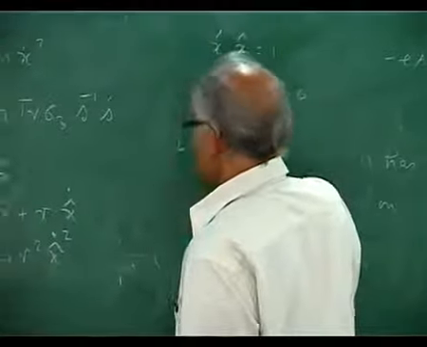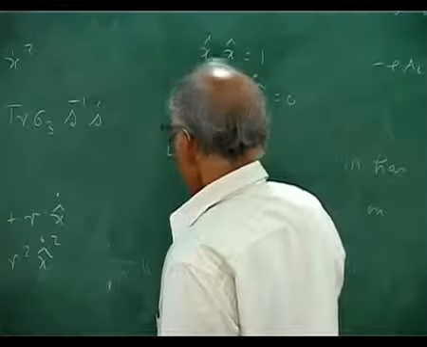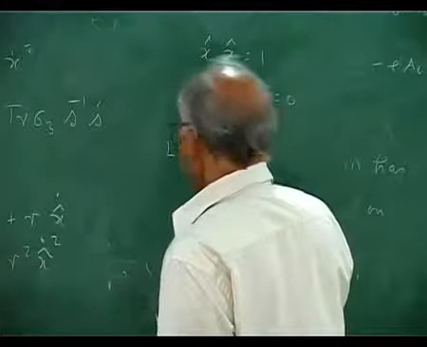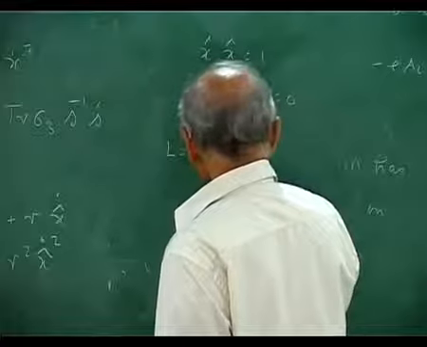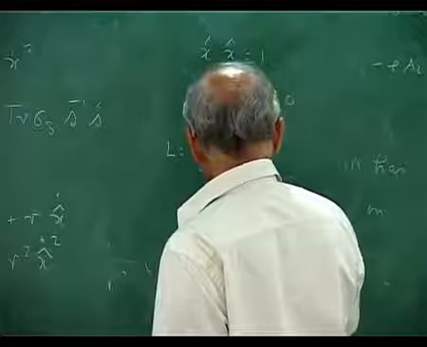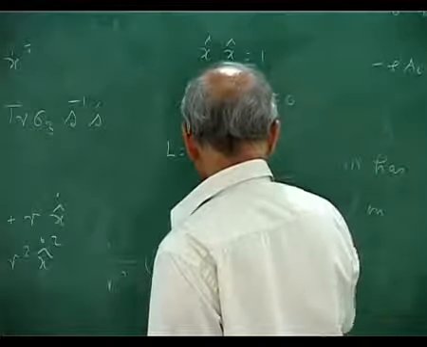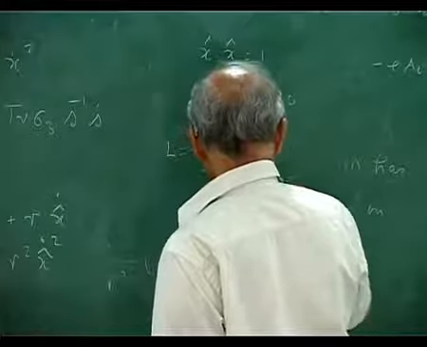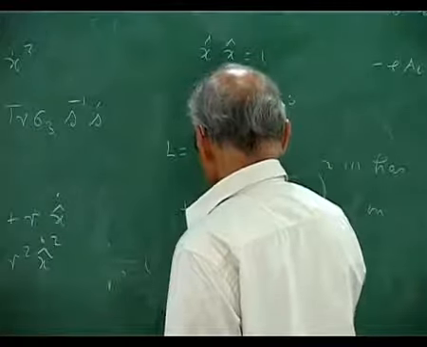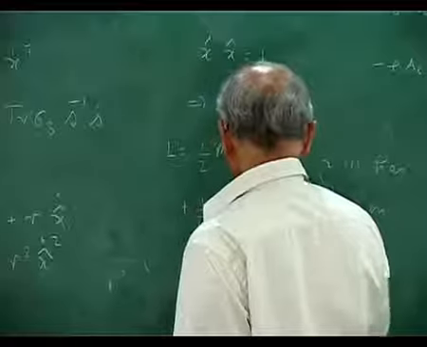It is nothing but half m r dot squared plus 1/2 m r squared times x hat dot squared. But now this x hat should be thought of as a function of S, right? And I take d/dt of this, x hat dot squared, plus this term in trace sigma 3 S inverse S dot.